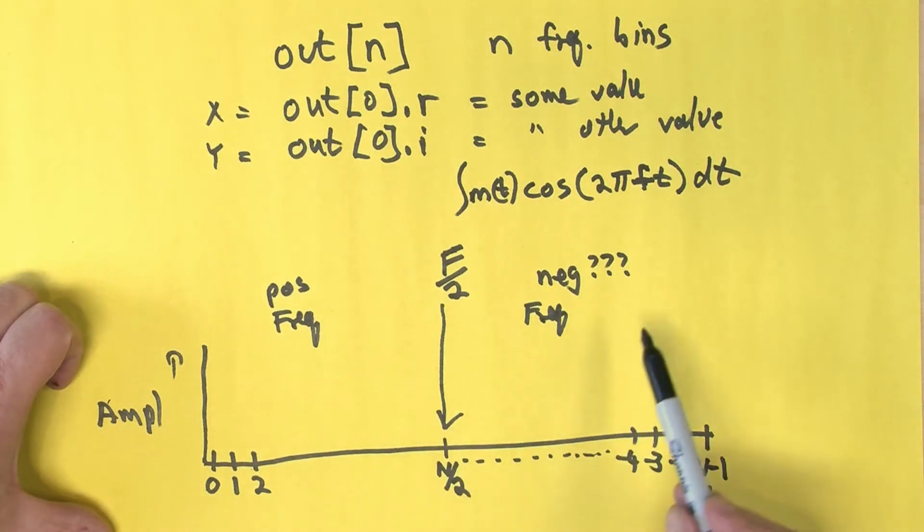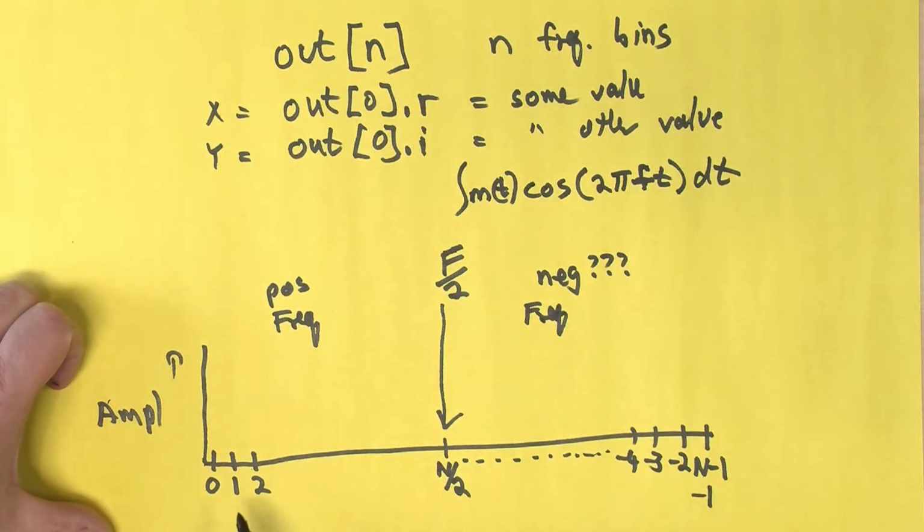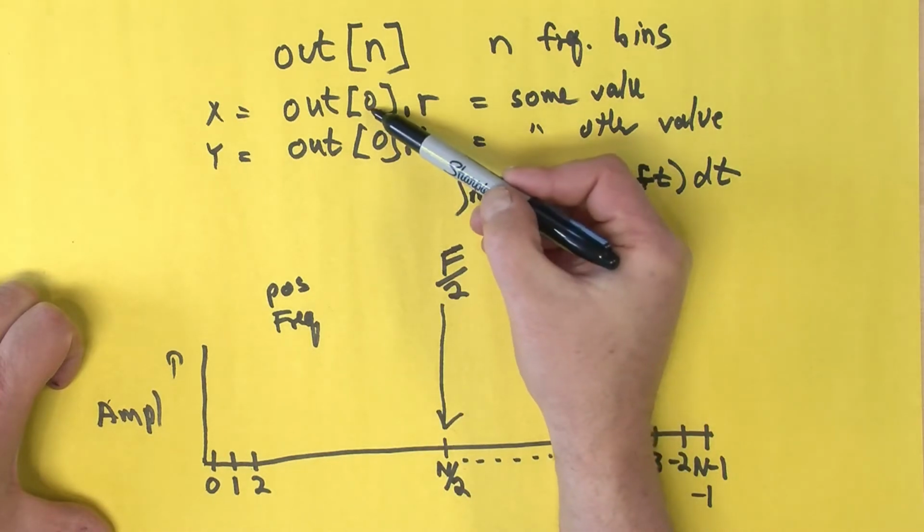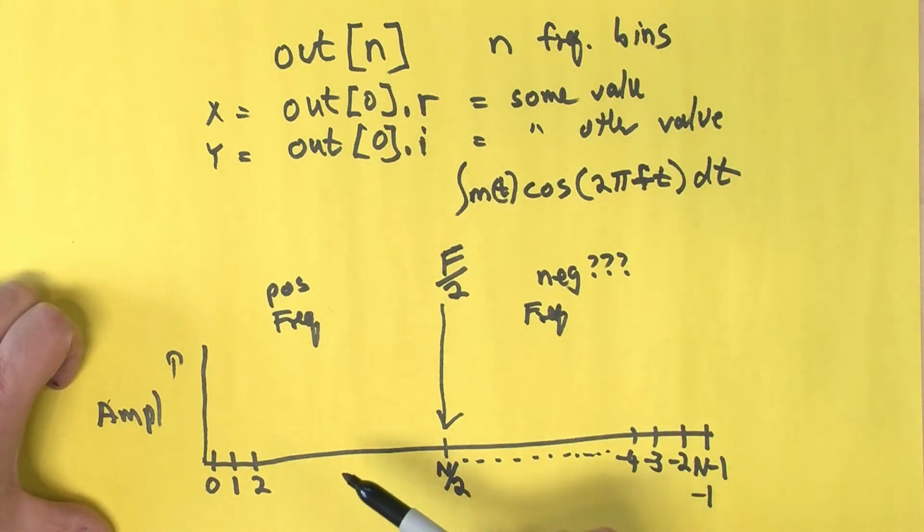if we go back to this here, what we really want to do is figure out what frequencies each one of these bins or positions in the array correspond to in terms of actual frequencies. And to do that, let's redraw this on a separate sheet of paper and continue there.